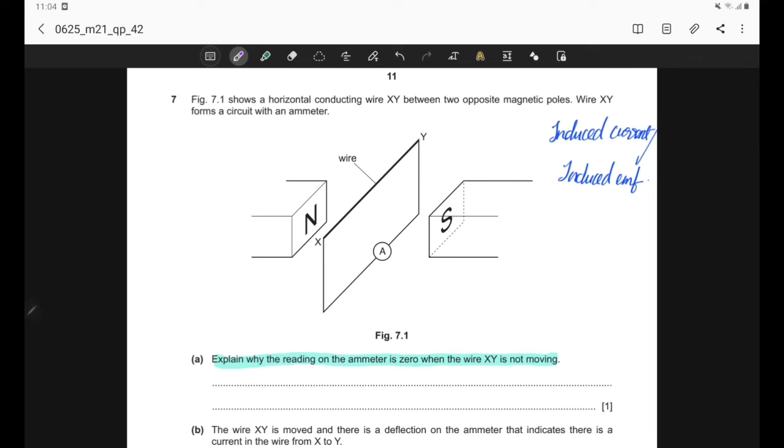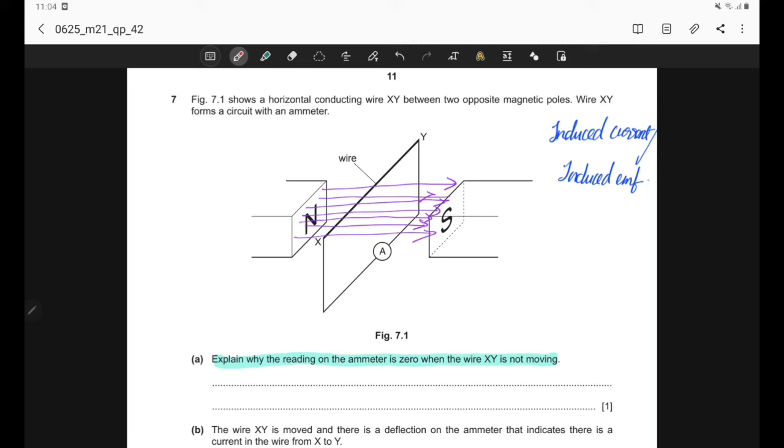As we have already seen, because of the presence of these two permanent magnets, there is a magnetic field in between the poles and field lines are going from the north pole to the south pole. These field lines are passing through this wire XY because we have kept this wire exactly in between these poles.